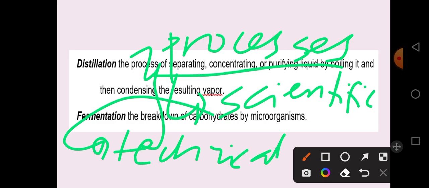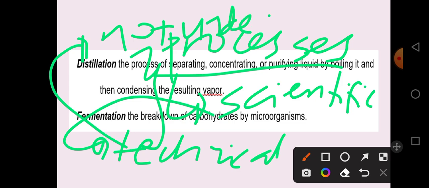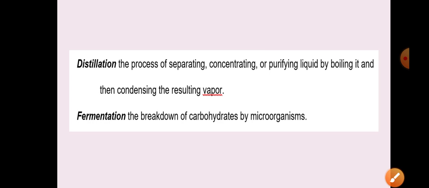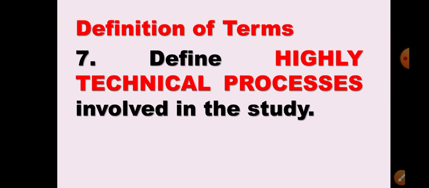And whenever we say technical, it is not understood by many. So, meaning to say, there is a need for us to define such technical processes in our paper so that it can be understood by regular readers. And that will be our seventh guideline. You must also define the highly technical processes involved in your study. So those are the terms that shall be discussed in the definition of terms.